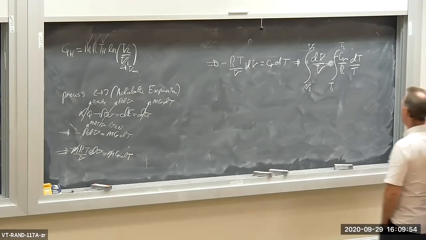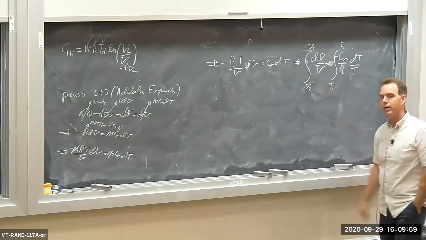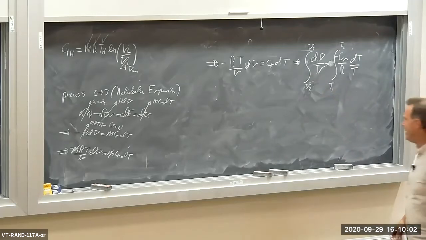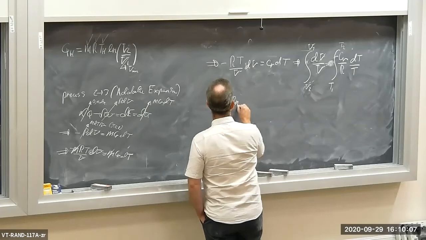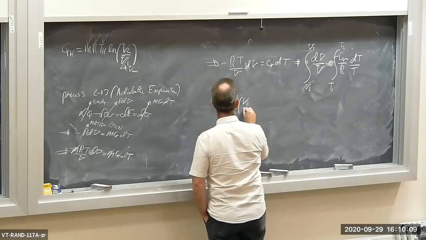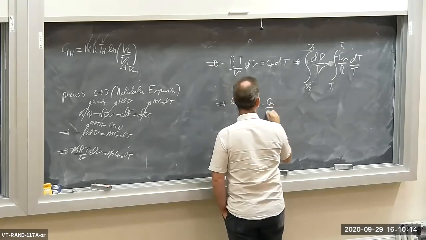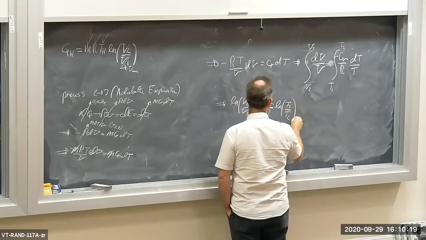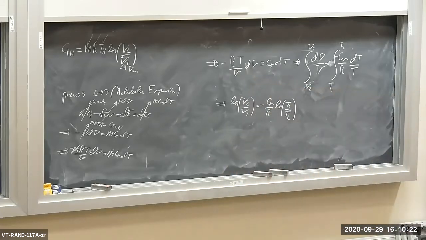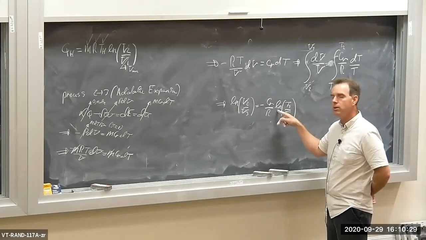Well, these are pretty easy integrals to evaluate. Notice that we're assuming constant specific heat, so the CV over R gets out of the integral, and I get natural logs. So I get natural log of V3 over V2 is equal to minus CV over R, natural log T3 over T2. Now let me take the CV over R term and swallow it up into the natural log.